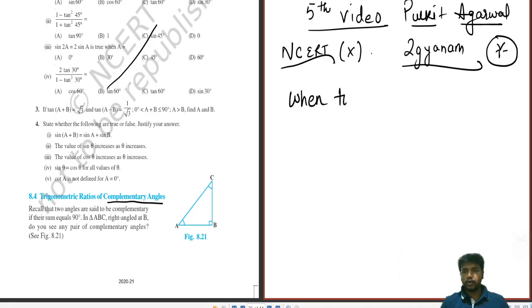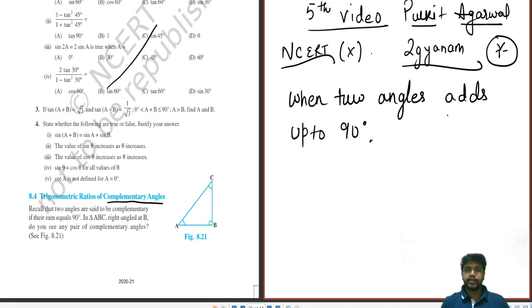When two angles add up to 90 degrees, they are known as complementary angles. So why is it in trigonometry? Let's have a look. We all know that trigonometry is a concept based on a right angle triangle. We know that the sum of the angles of a triangle is equal to 180.